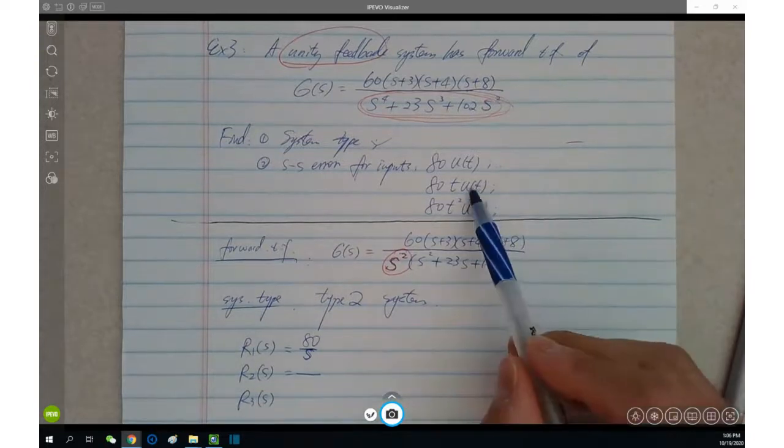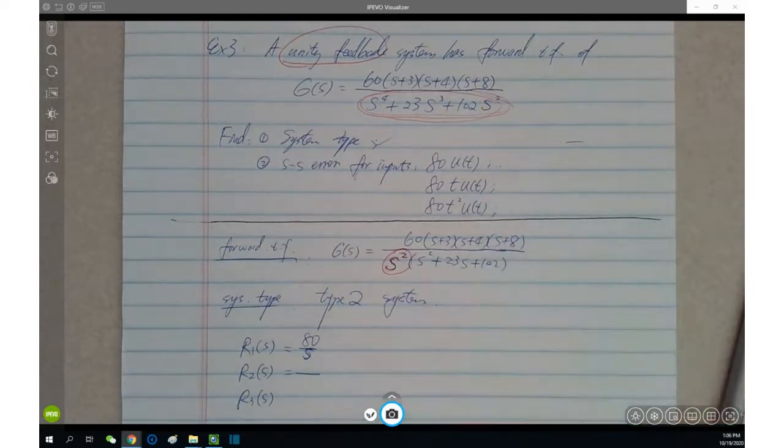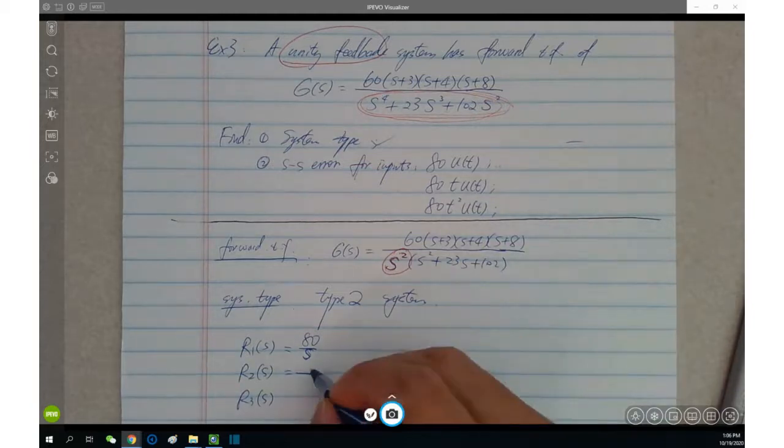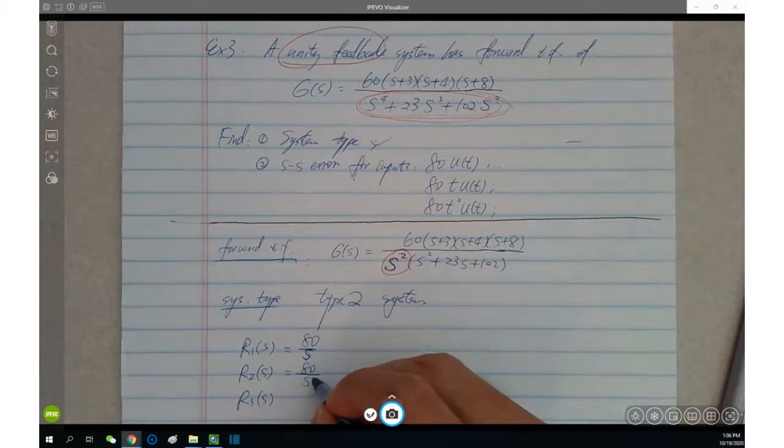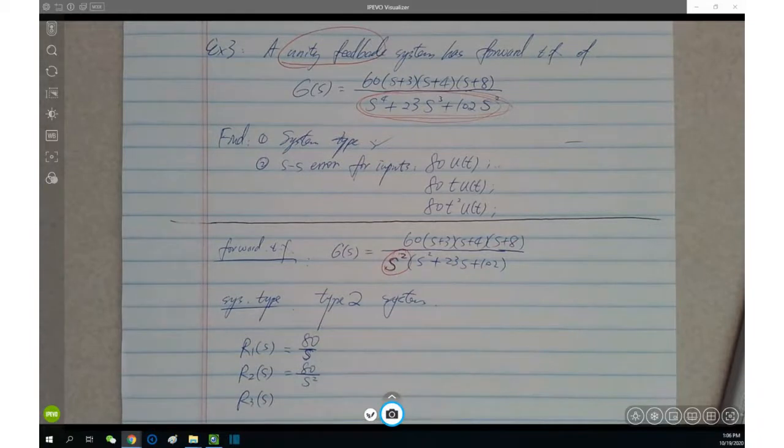Second here, this one is a ramp, right? And the corresponding s domain function is 80 over s squared. Third one is a parabolic, right? 80 over s cubed. Any questions so far?